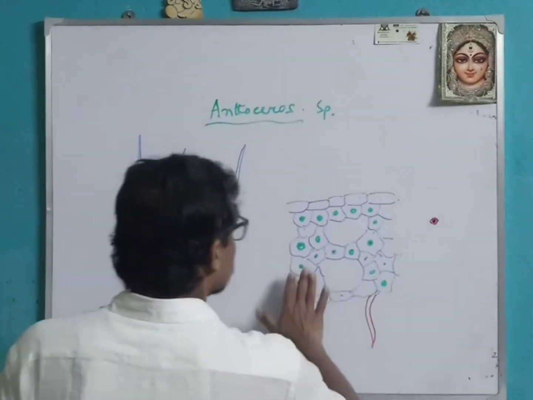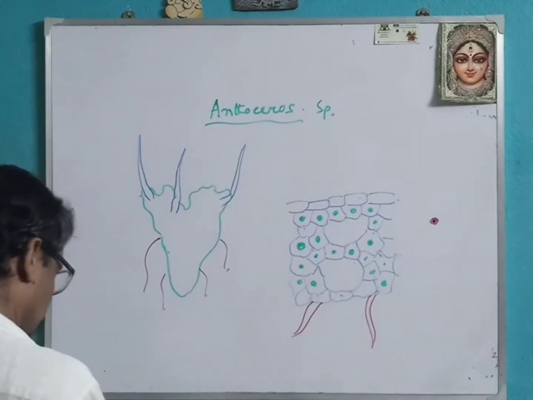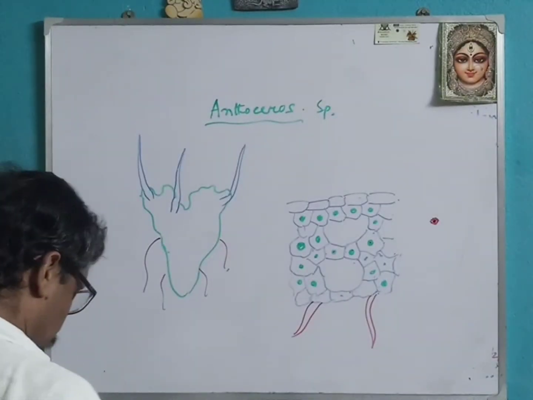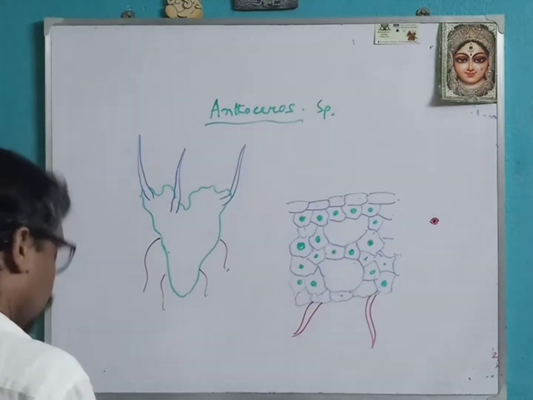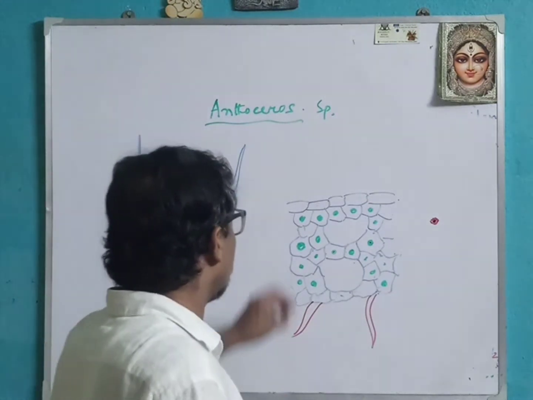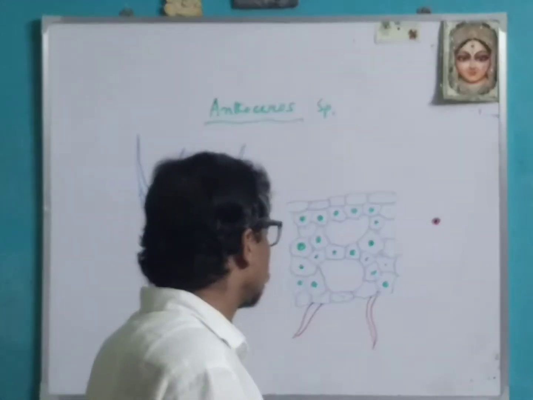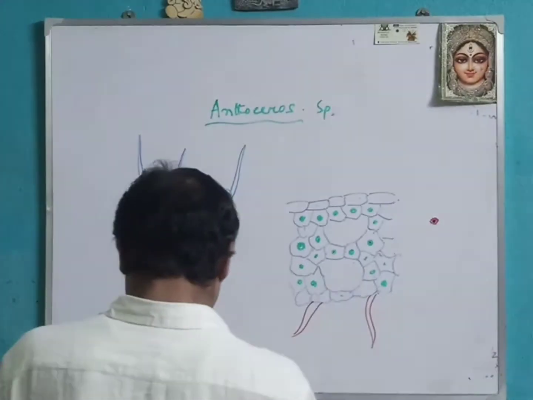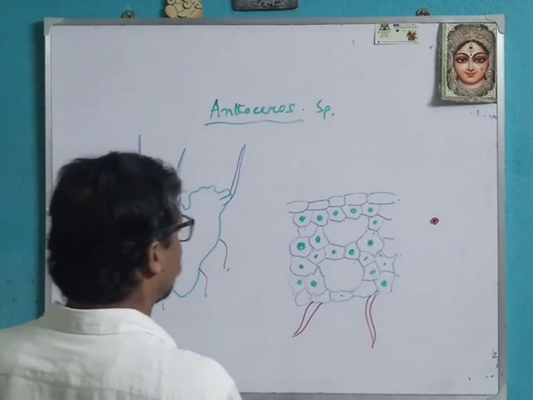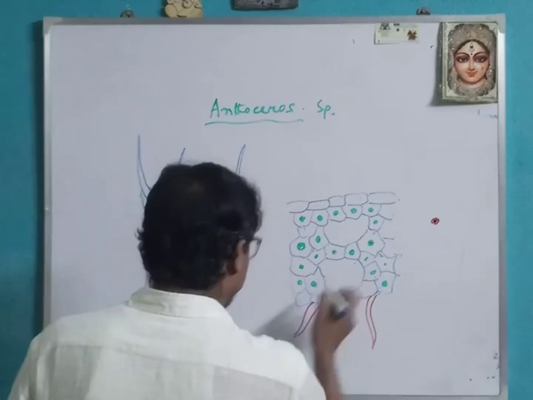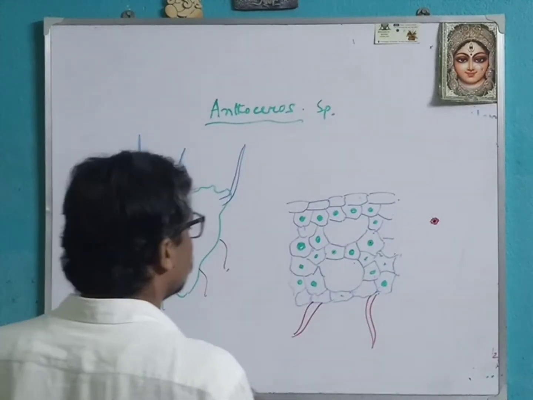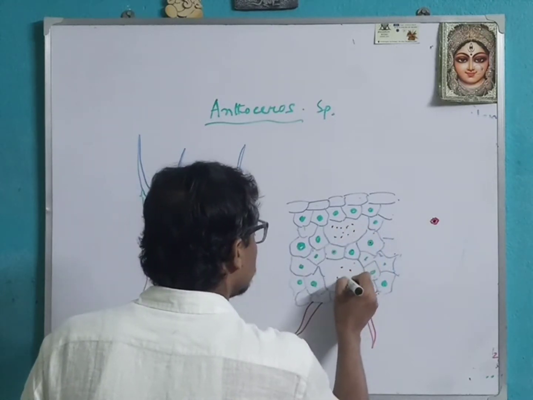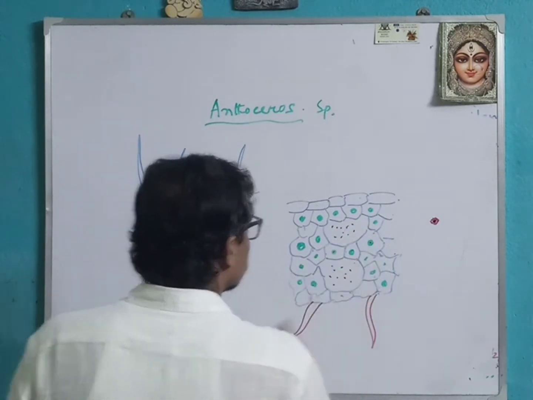Sir, along with such parenchymatous cells, certain spaces are left. Those are actually sac-like structures filled with mucilage, and so many other organisms have been found to be associated with this mucilage cavity.